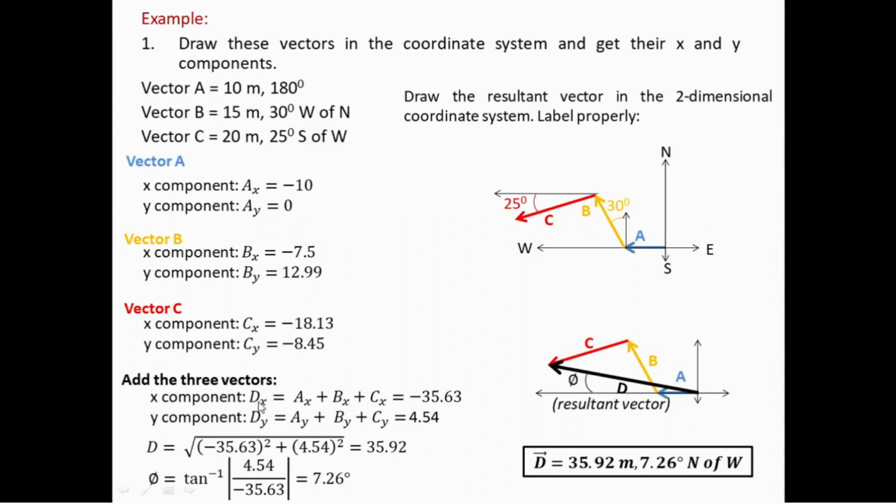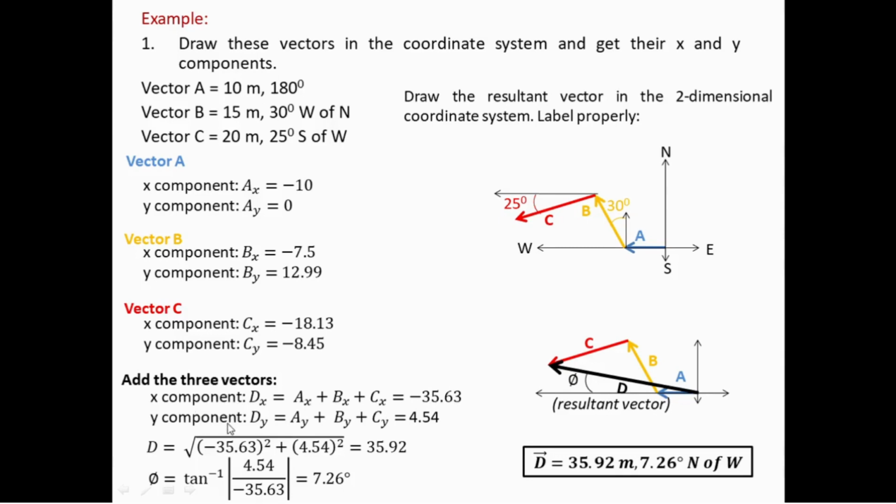So to get the x component of the vector d, all we have to do is to add all the x components of a, b, and c vectors, which will give us negative 10 plus negative 7.5 plus negative 18.13, and it should give us negative 35.63 meters as the total x component.